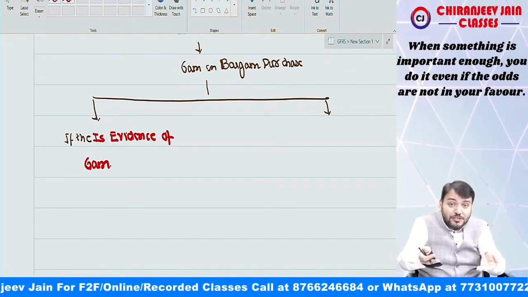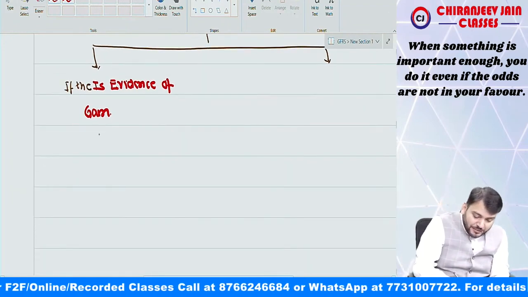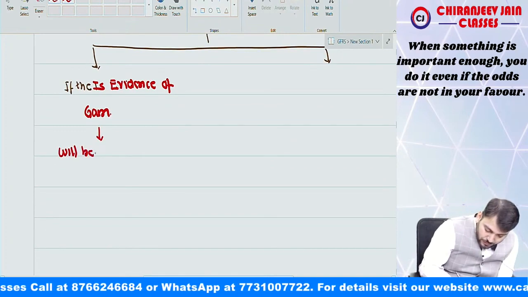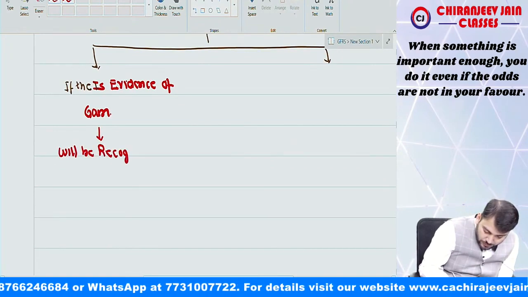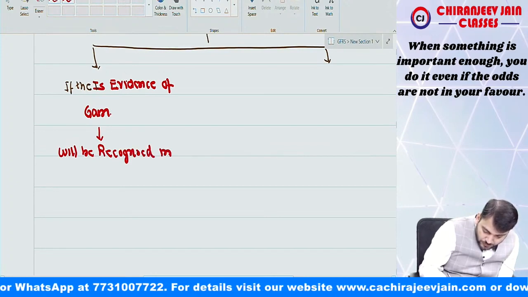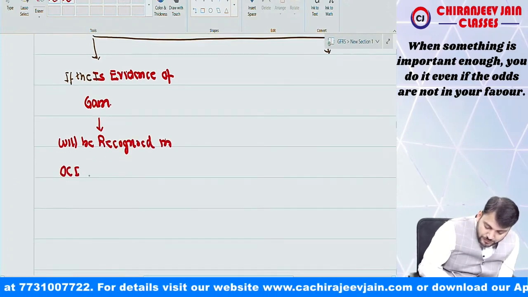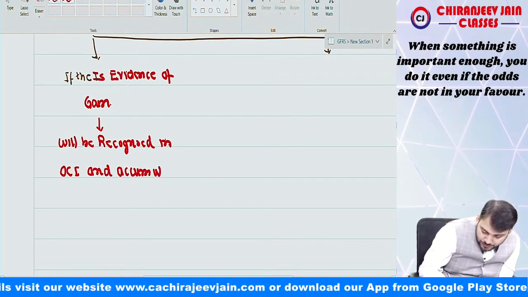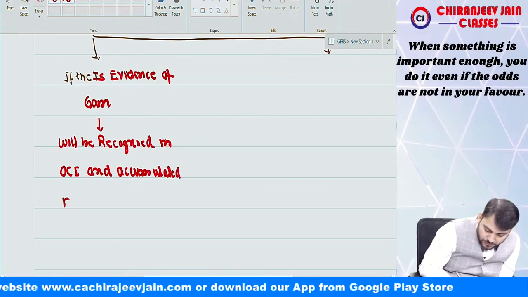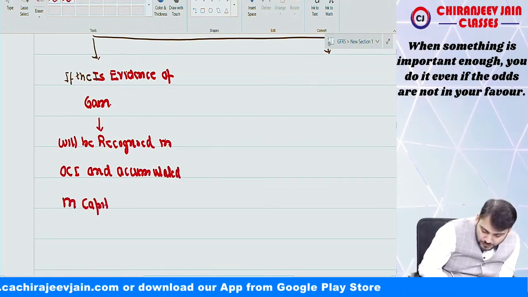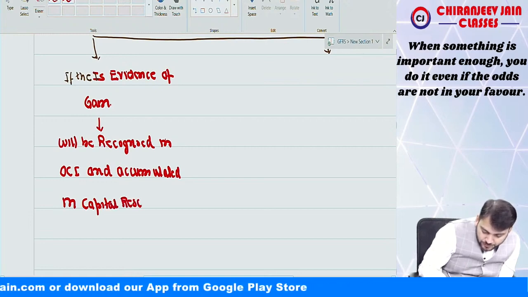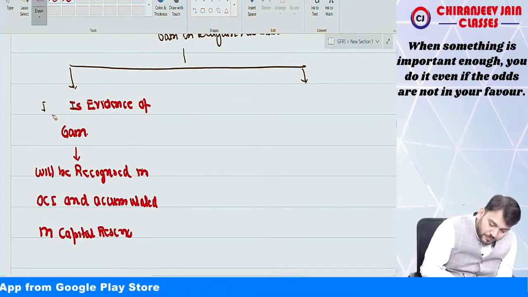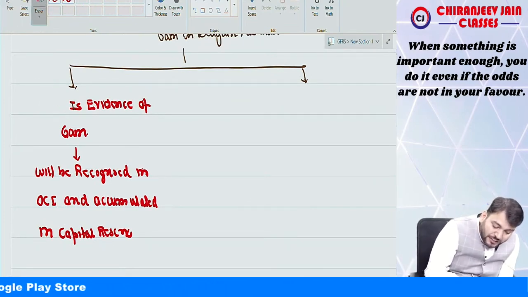So if there is evidence for such gain, then this gain will be recognized in OCI and accumulated in capital reserve. Correct? Understood?